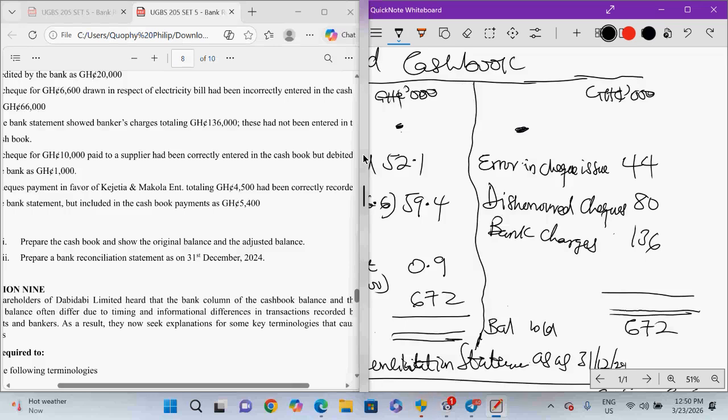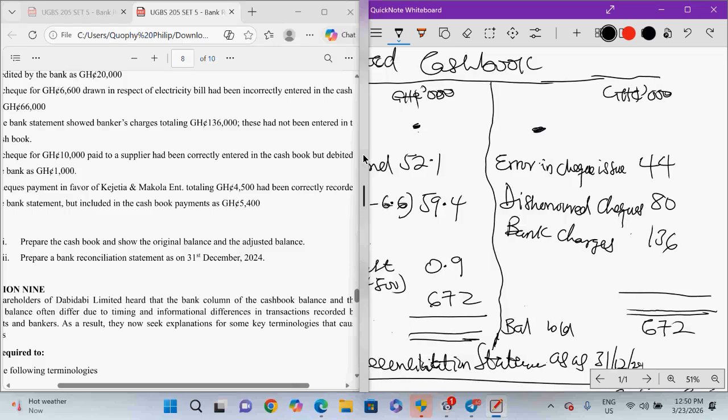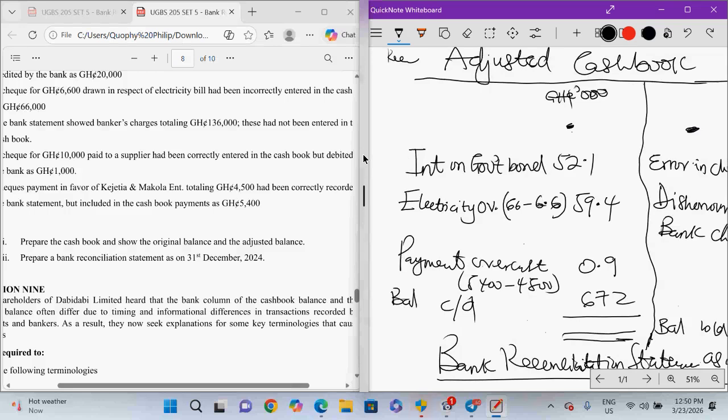Which side is more? 672 plus 0.9 plus 59.4 plus 52.1. I'm getting 784.